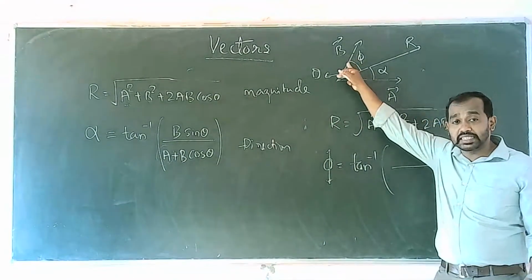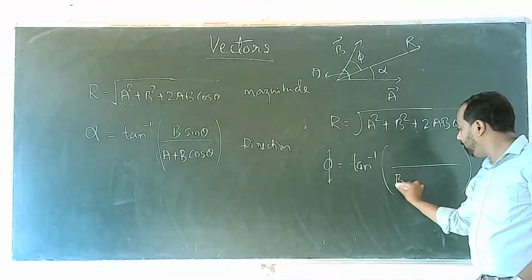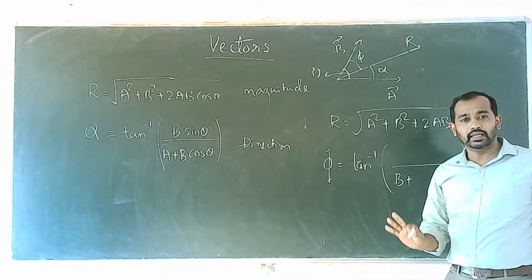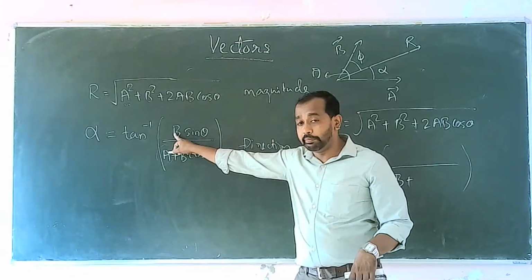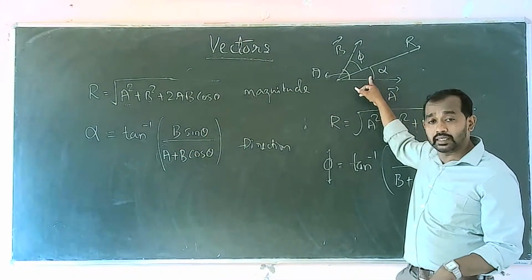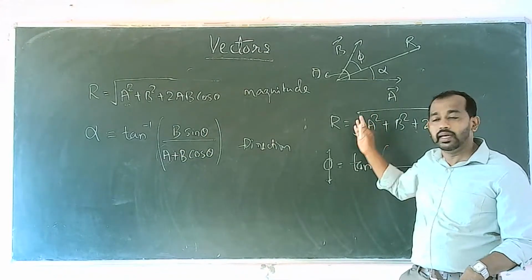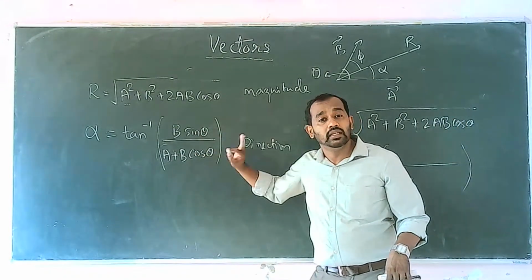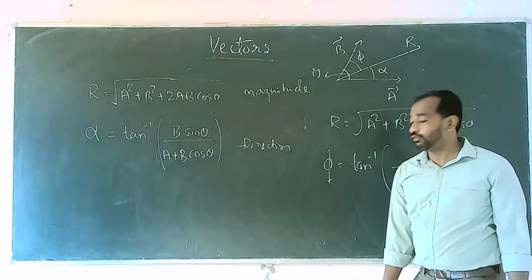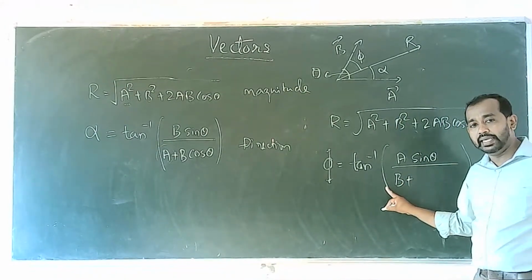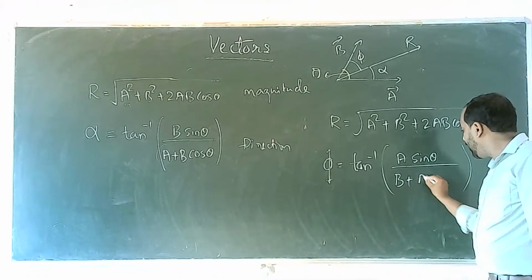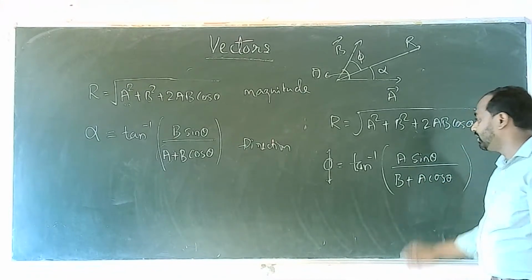Since D is the reference vector, it will be D plus. The other one, which is not a reference one, in this case B, but on the others, it will be A, connected with both sin theta and cos theta. So it will be A sin theta divided by B plus A cos theta.